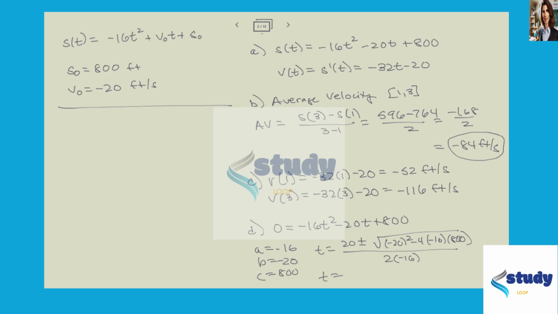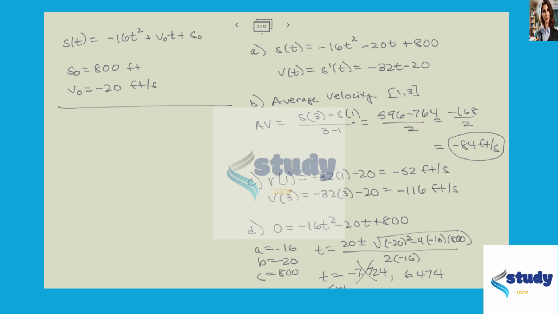So you are going to get two time values. You're going to get negative 7.724 and 6.474. We're going to eliminate that negative as extraneous.